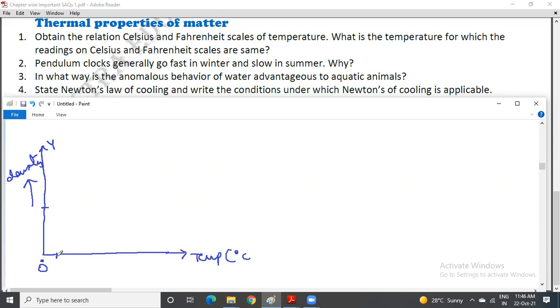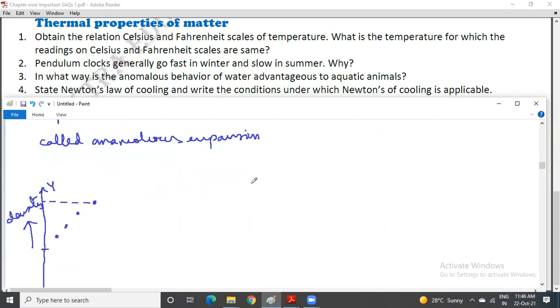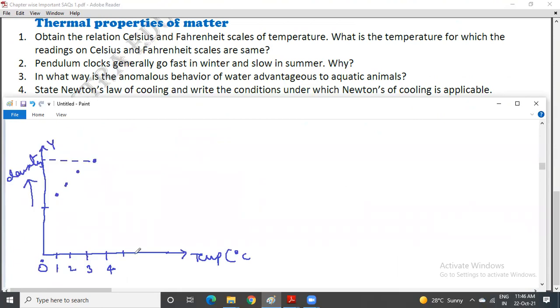If you go on increasing 1, 2, 3, 4: at 1 degree centigrade, density slowly increases, at 2 degree centigrade, density increases, because on heating from 0 to 4 degree centigrade, it contracts. So density increases, and at 4 degree centigrade it is maximum. After 4 degree centigrade it expands, so density decreases. So 5, 6, and so on, density slowly decreases.